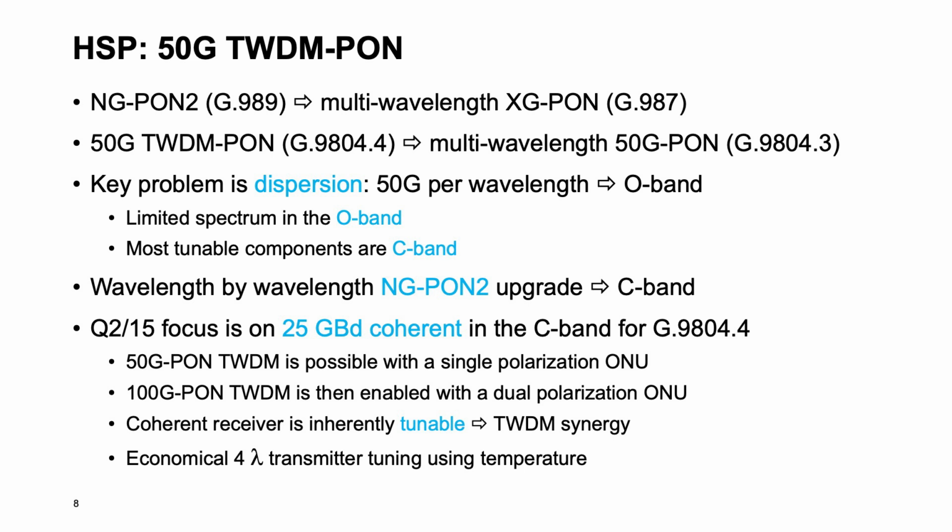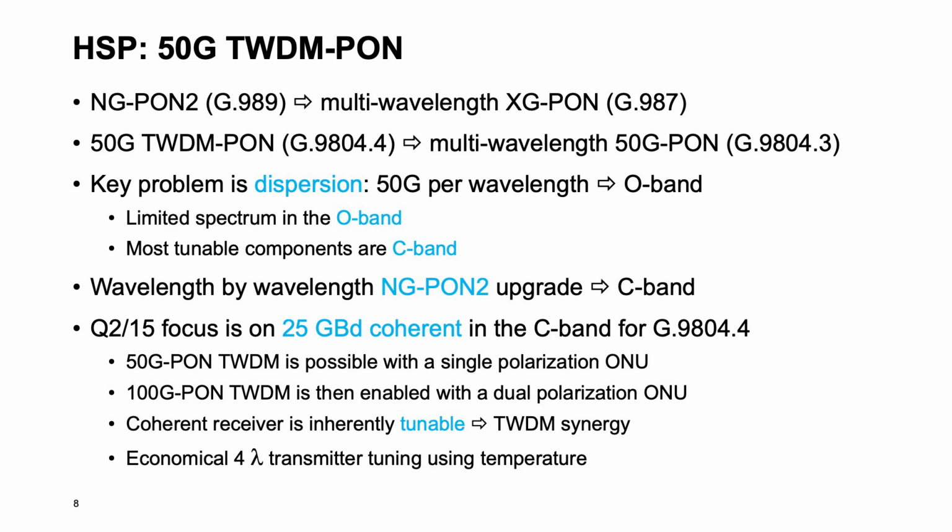with conventional techniques. And that's driven a move to look at coherent as a technology option for this multi-wavelength 50G-PON, 50G per channel technology. So that's really the front runner at the moment in terms of technology. It's the one which is being studied at the current time as a straw man for people to analyze.